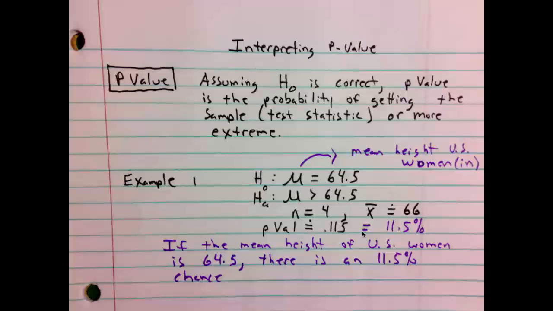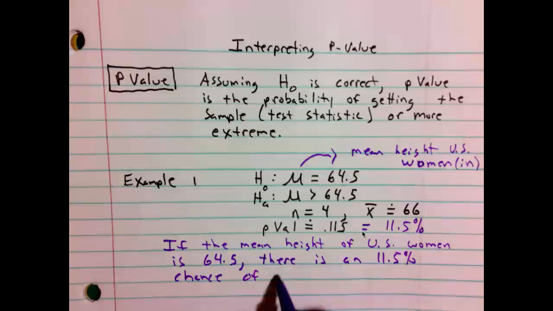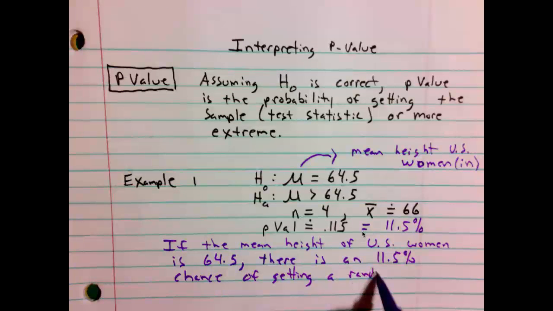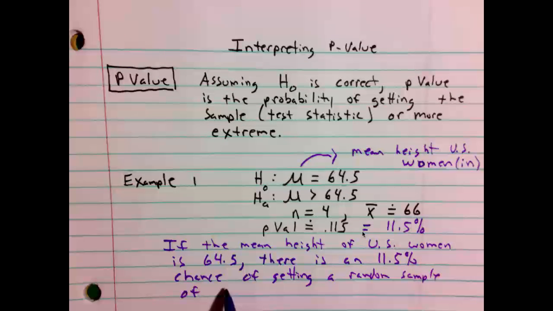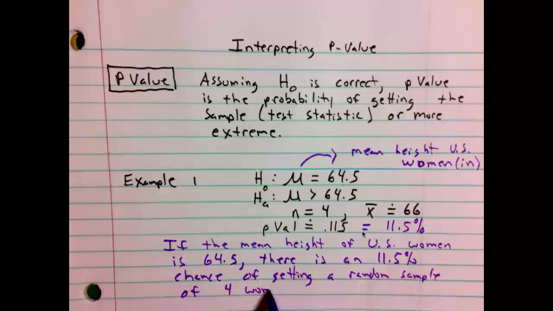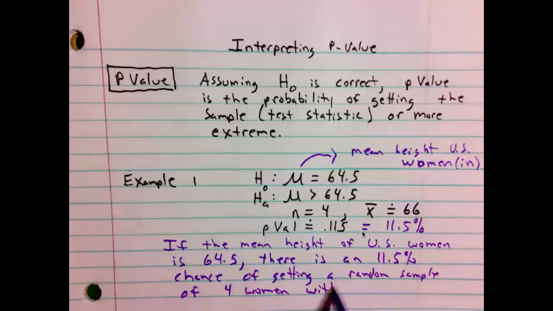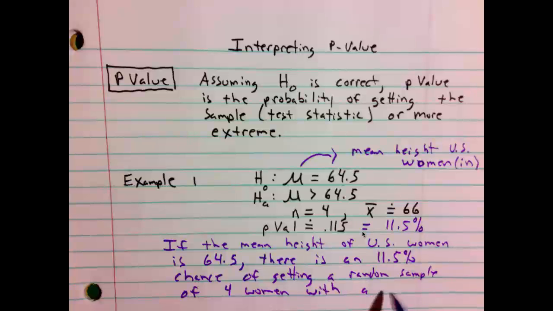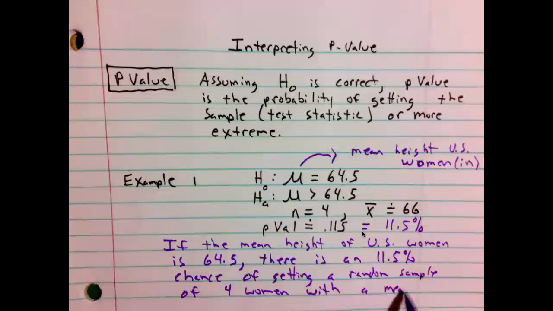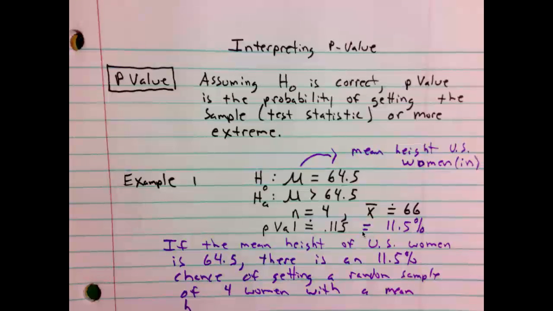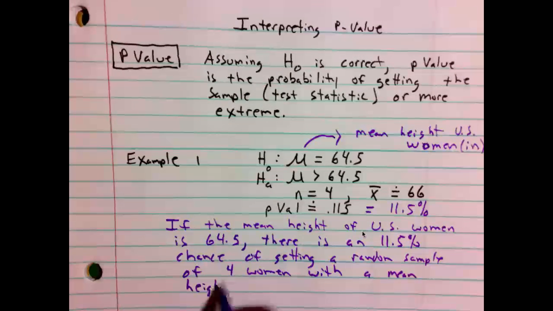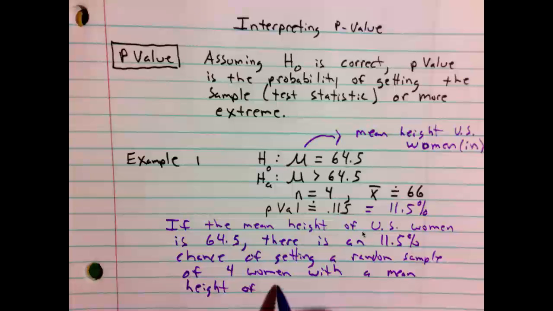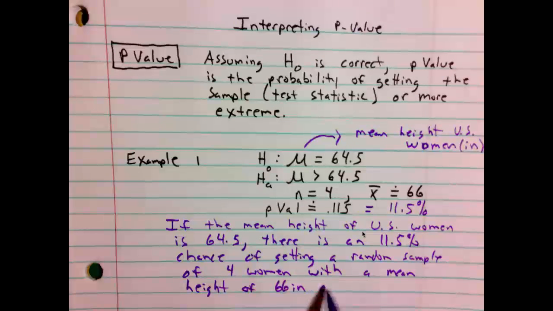There's an 11.5% chance of getting a random sample of 4 women with a mean height of 66 inches or greater.